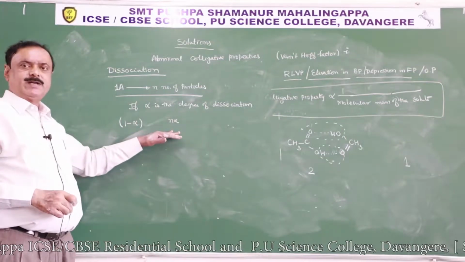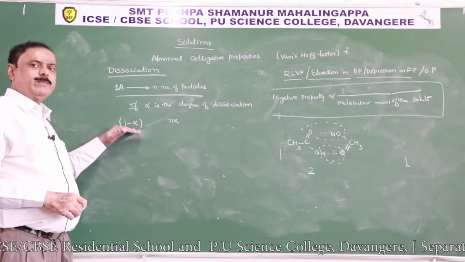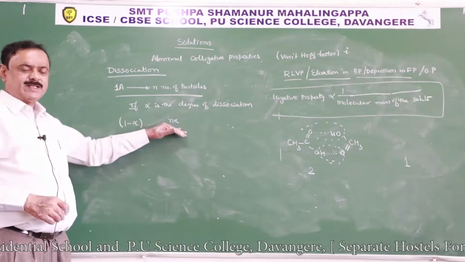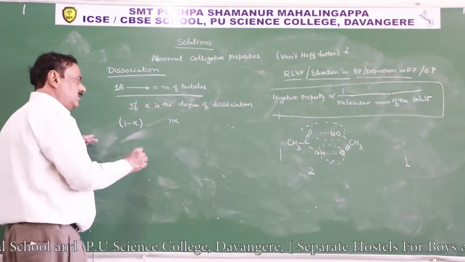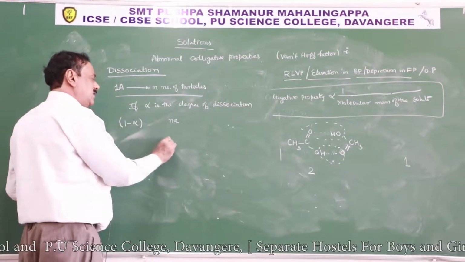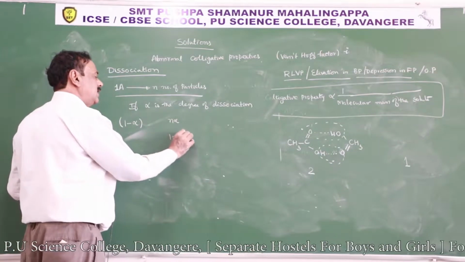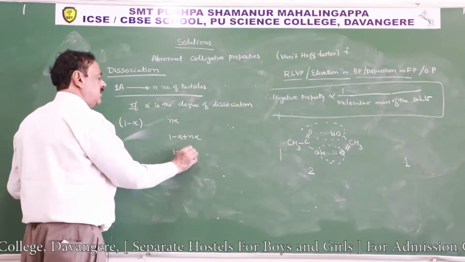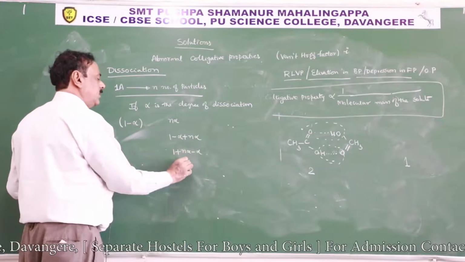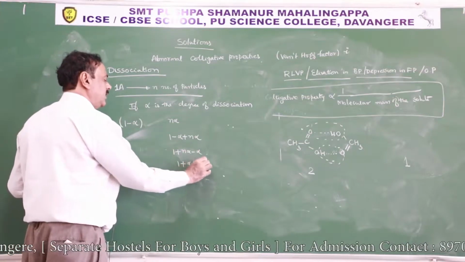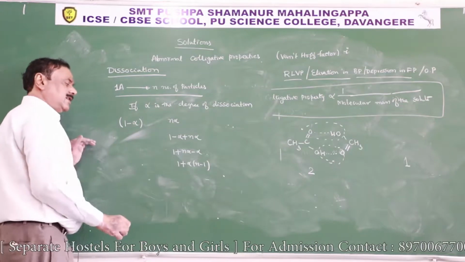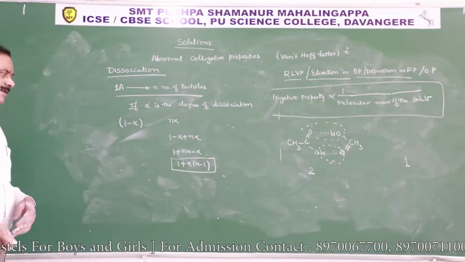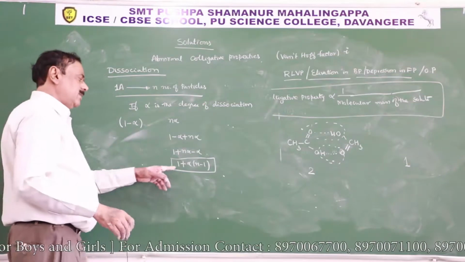Therefore, under equilibrium condition, 1 minus alpha is on the reactant side and n alpha particles are on the right hand side. The total number of particles present at equilibrium is 1 minus alpha plus n alpha, that is 1 plus n alpha minus alpha, that is 1 plus alpha into n minus 1. This is the exact number of particles present under equilibrium condition.